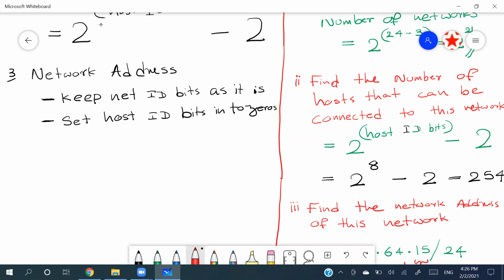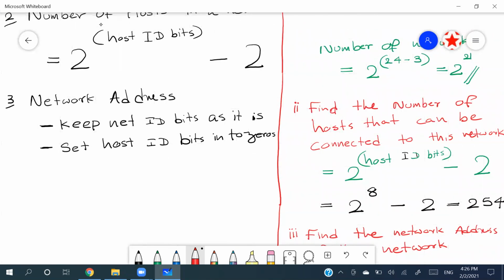That identifies your network completely. If someone needs to send a message to the entire network at once, they use the broadcast address of that particular network. Right? Broadcast address. So how are we going to find the broadcast address? Something similar to finding the network address.